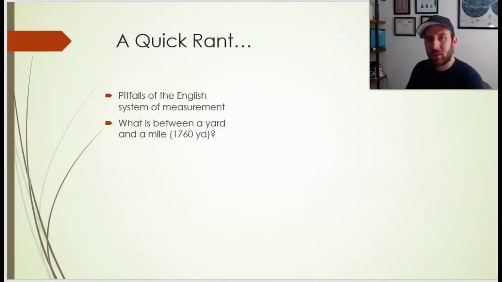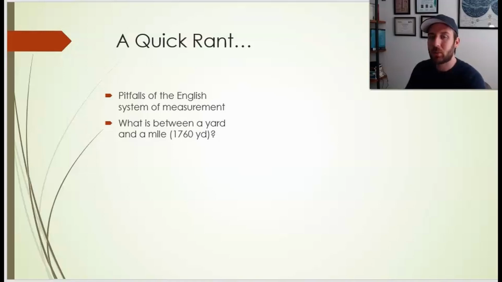It's really important that we talk about how messed up the English system of units really is in comparison to the metric system. And this is something I like to stress because a lot of my students are American, and thus when they encounter things like millimeters and centimeters for the first time, it can be very intimidating because these words don't hold much meaning.